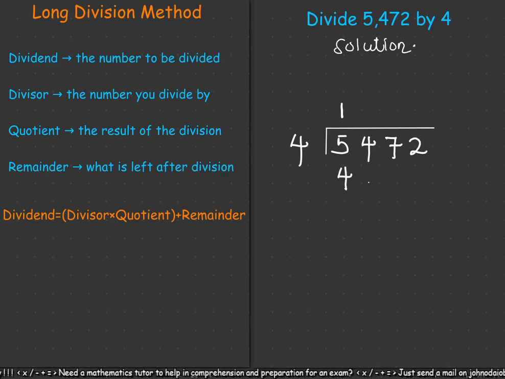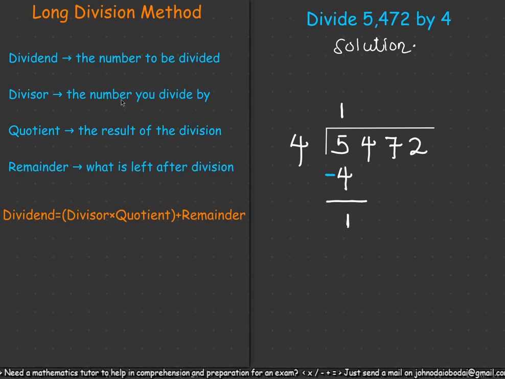You don't shift it. After which you do a subtraction operation. We subtract the 4 from the 5, and 5 minus 4 gives us 1.